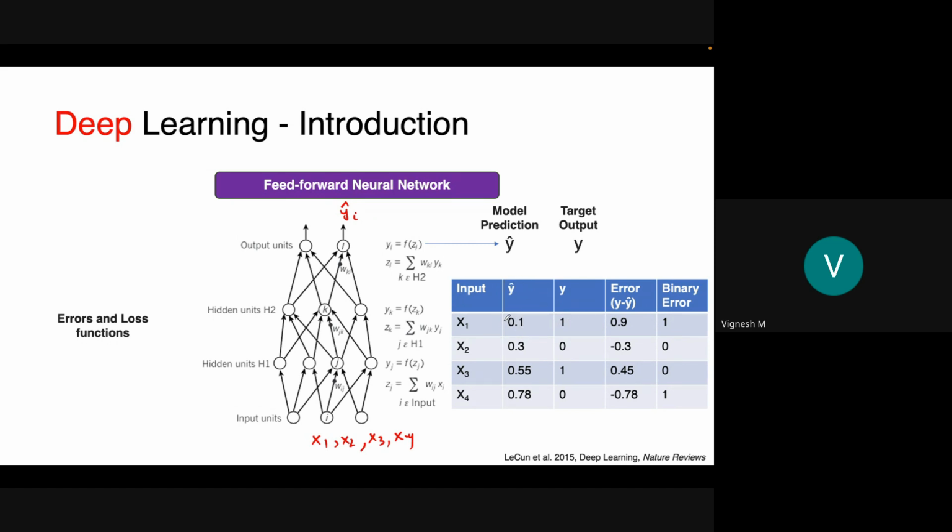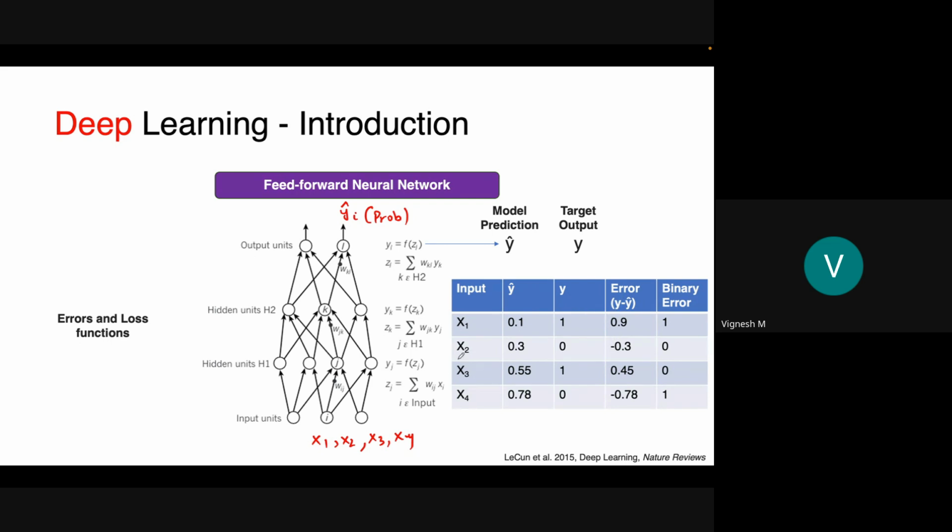In this case, the output is 0.1 and you want it to be 1. And let's say in this case, the outputs represent some sort of probability distribution. That means what is the probability that the given input is the image of a cat, right? The expected value, since you know that's a cat, is going to be 1. And the network predicts something close to 0.1. So there's an error here, right? So y minus y hat is, say, 0.9.